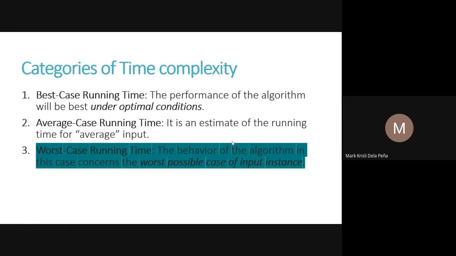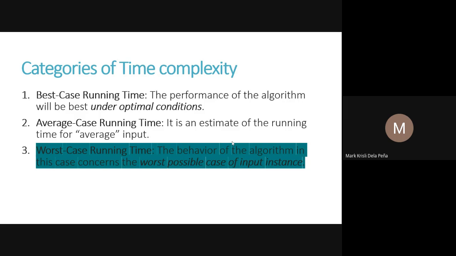In the best case running time, the performance of an algorithm will be best under optimal conditions. Say, for example, if you have a linear search algorithm, the best case will be when you search an array or a list and find it in the first element of that data structure. The average case will be if you find it in the middle or somewhere between the first and the last element.